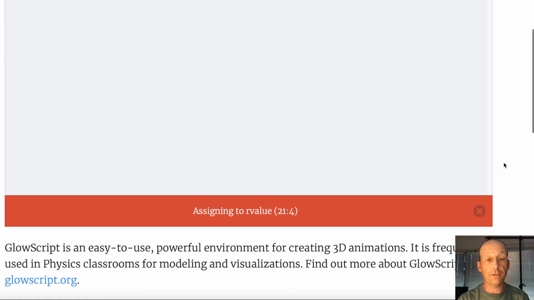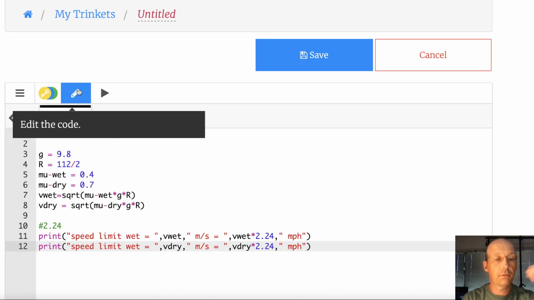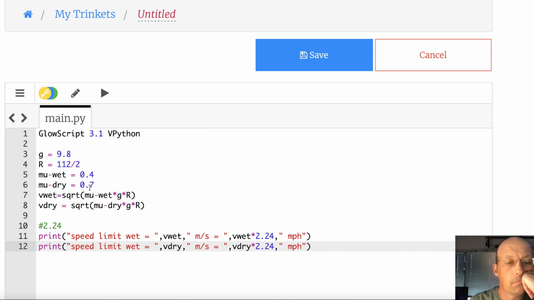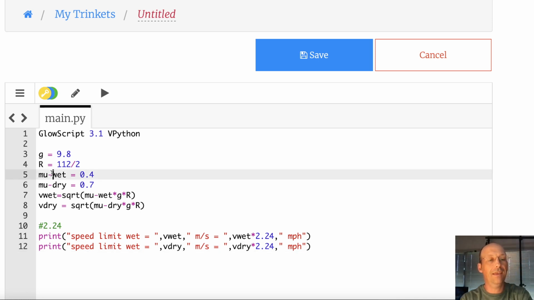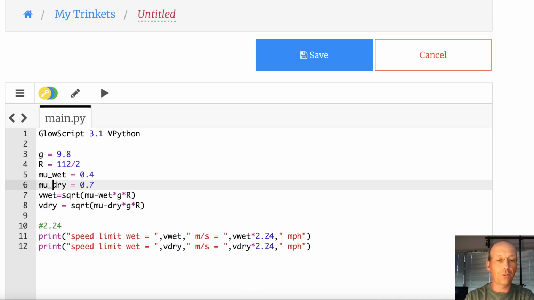Yeah, now you definitely see it made an error. Assigning R value. You can't do minus as in your word.